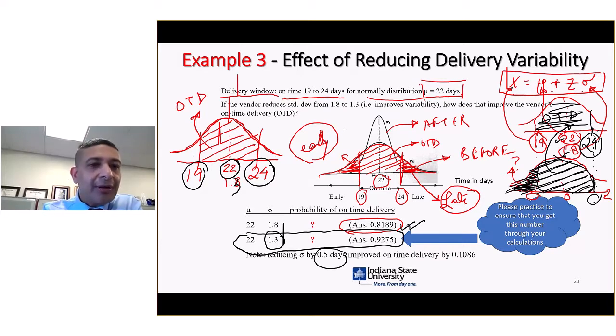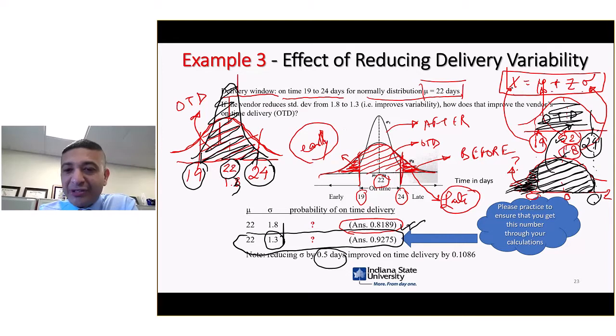Guess what? You'll have a curve that goes like this. Nothing else being changed, you now have so much more area within those two domains. And that's essentially what is happening here. Just by being able to reduce sigma, you are able to increase your on-time delivery from 81.8% to 92.7%.